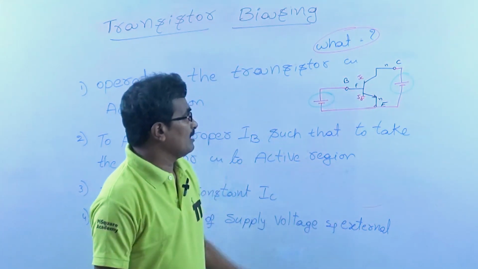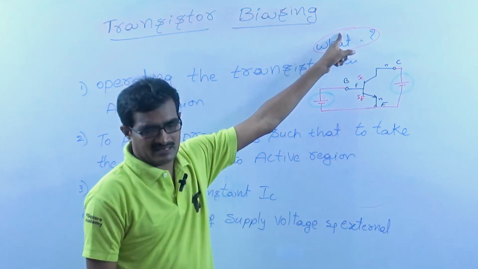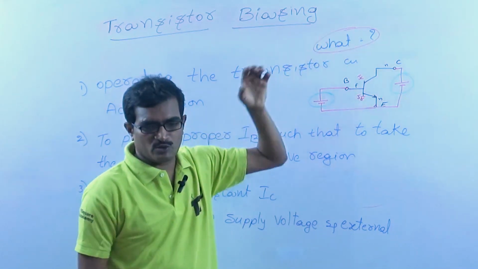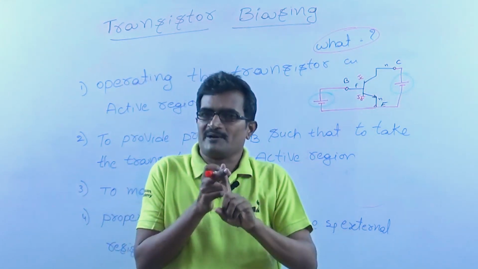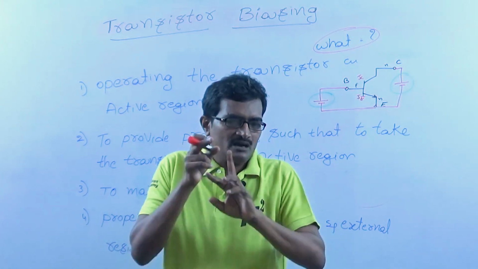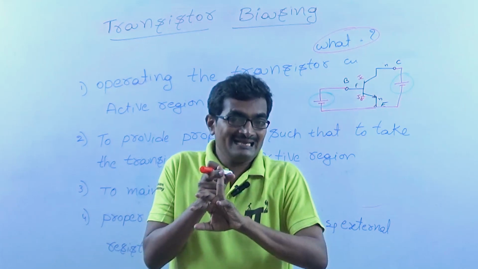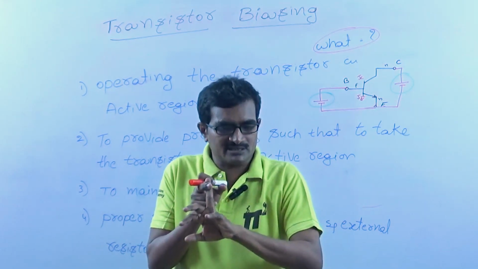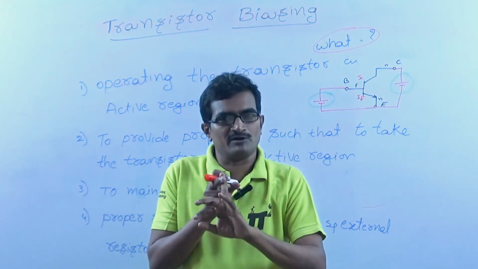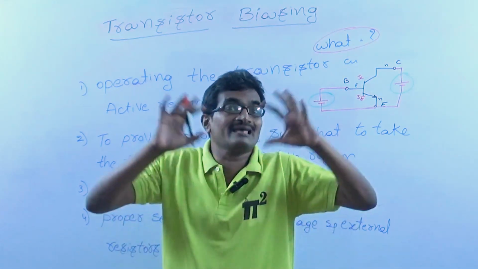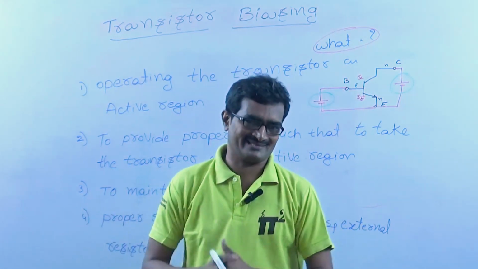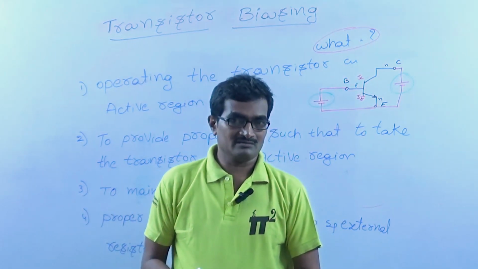Now what is transistor biasing? In terms of region of operation, you can define it. In terms of current, you can define it. In terms of external components, like resistors and power supply, also we can define it. In all the aspects we can define biasing.